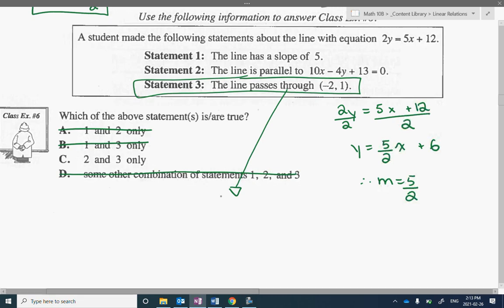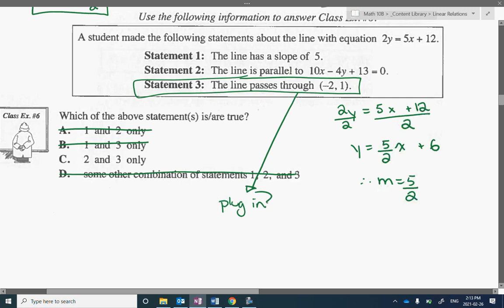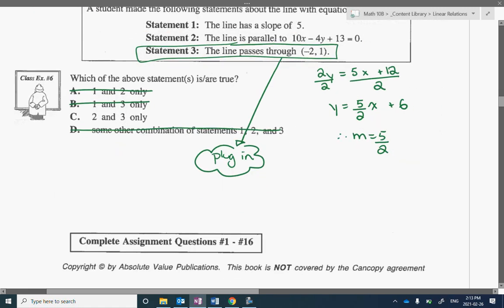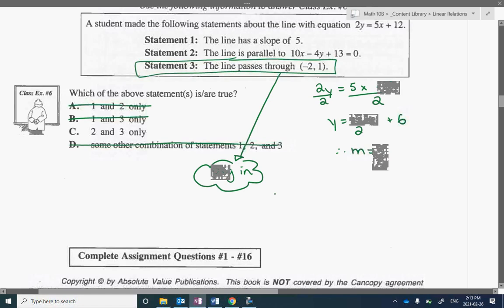Plug it in. Plug those points in. Often you guys forget that this is an option. So let's go through what that means. Chris, your idea would totally work, you just don't have the resources. So my equation, 2y equals 5x plus 12. If it passes through that point at -2 and 1, the equation will work out.